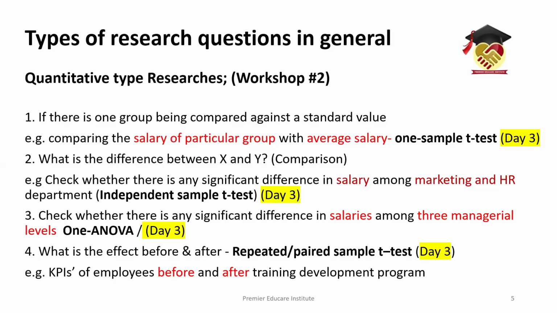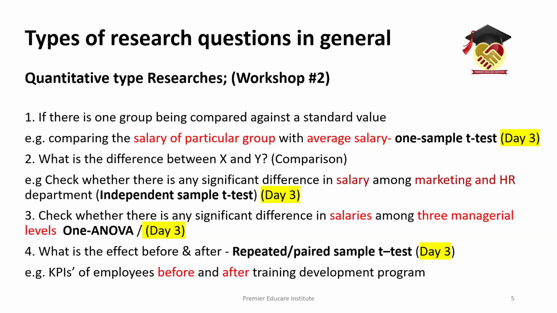So you have to compare the experimental group and the control group, that is coming under the independent sample t-test. These are very easy, but you should learn, right? For example, salary among the marketing and the HR department. This is a very good research. Okay, so this is coming under the independent sample t-test.